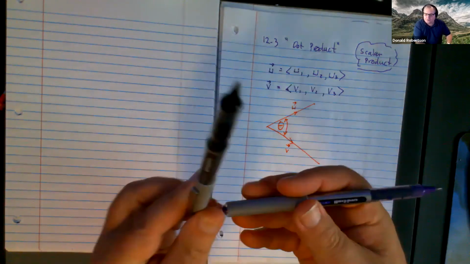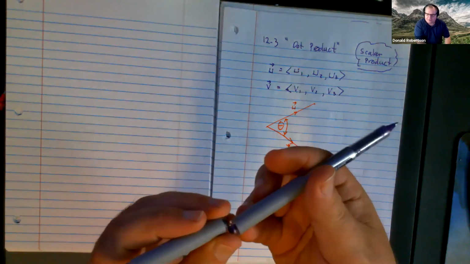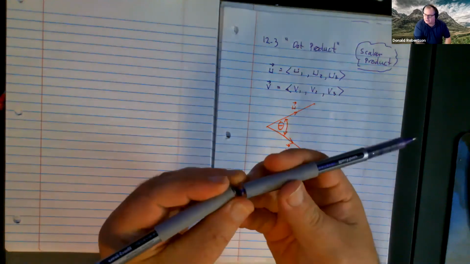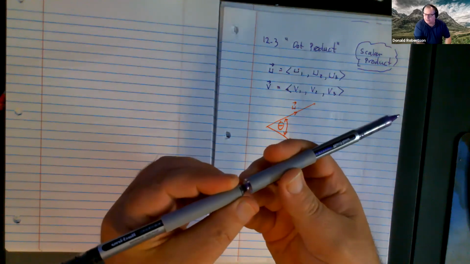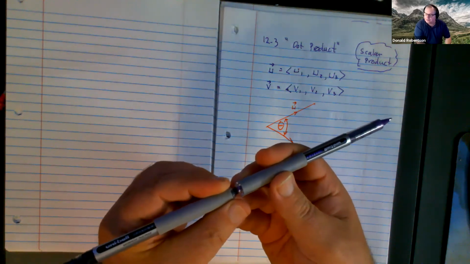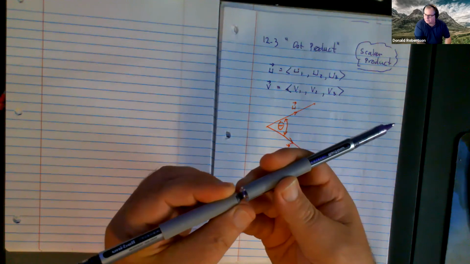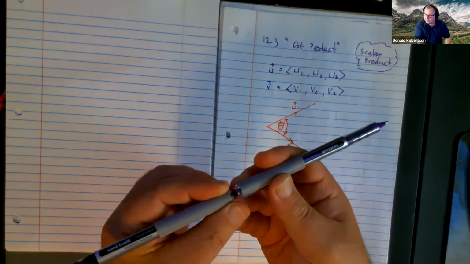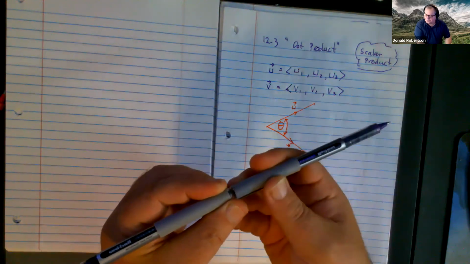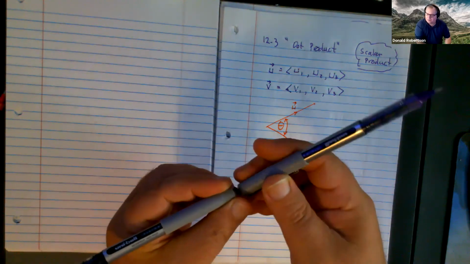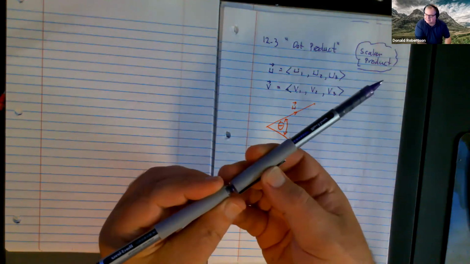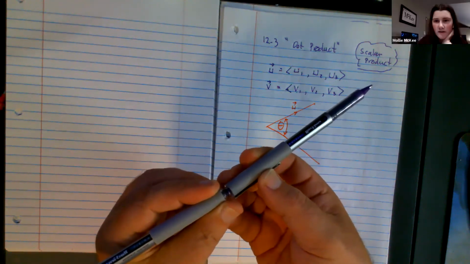And isn't the worst possible scenario that the vectors are pointing totally away from each other? When they point totally away from each other, what's the angle between the vectors going to be? How many degrees? Is it 180? It is 180.